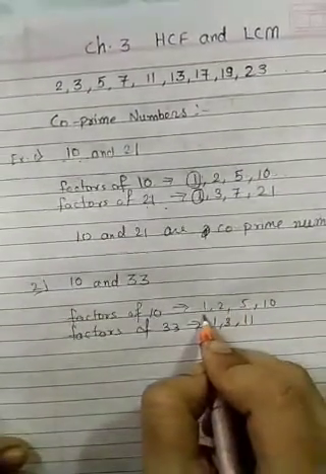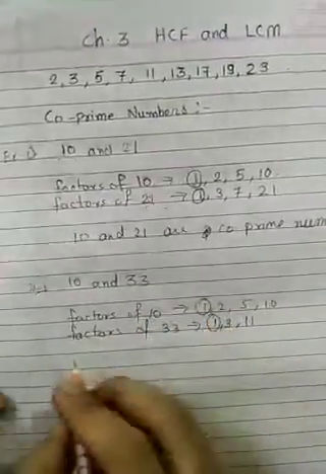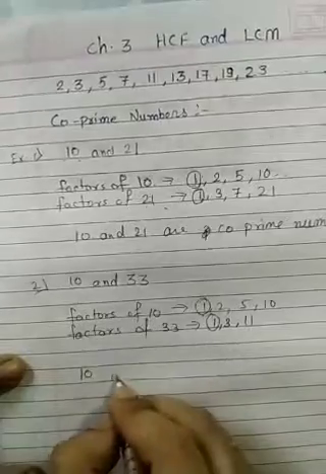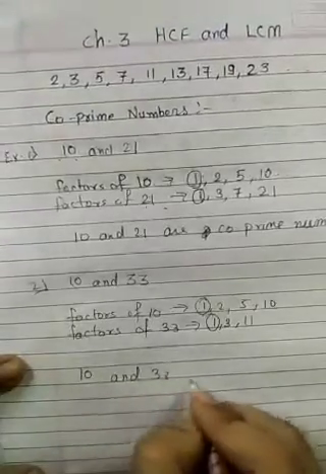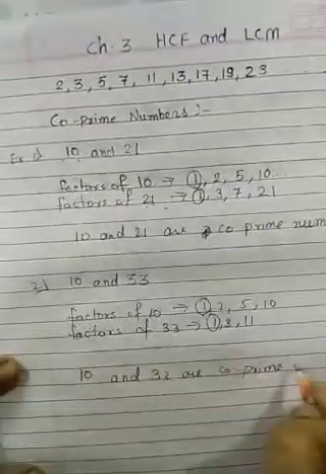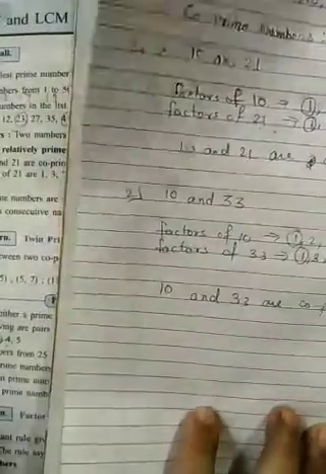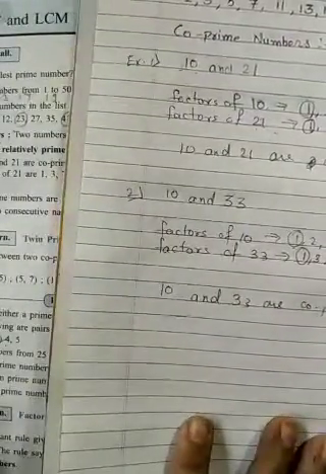What is the common factor between 10 and 33? 1 is the common factor. That means 10 and 33 are co-prime numbers. I hope co-prime numbers are clear now.